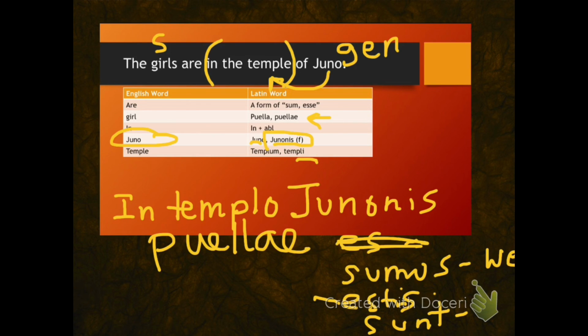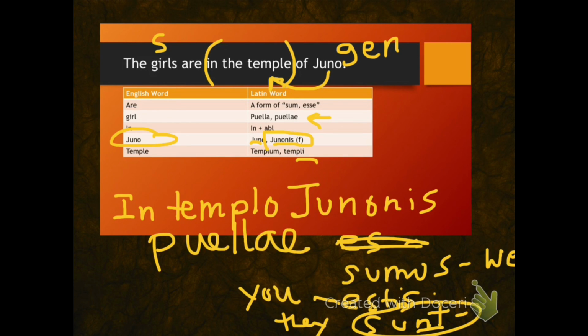Whenever I use estis, the subject has to be you. I don't have you as the subject. I have girls as the subject. Girls is the same as they, and that's what sunt means. They are. So since I could replace the word girls with they in the sentence, the verb that I'm going to use is sunt. In templo Junonis puellae sunt.